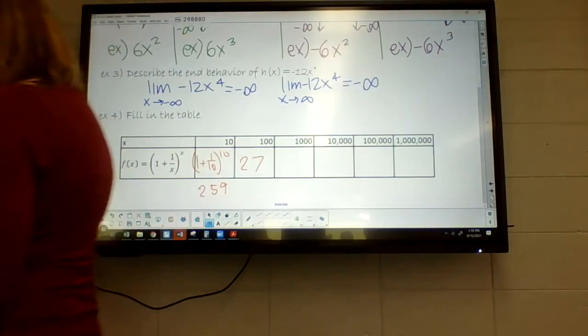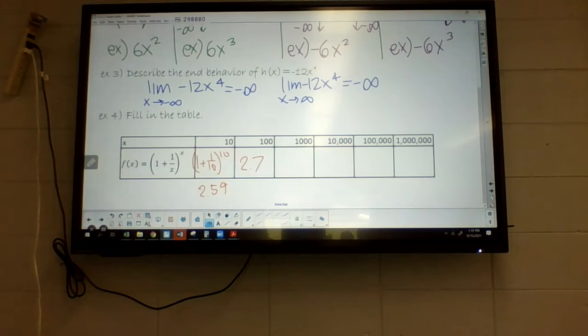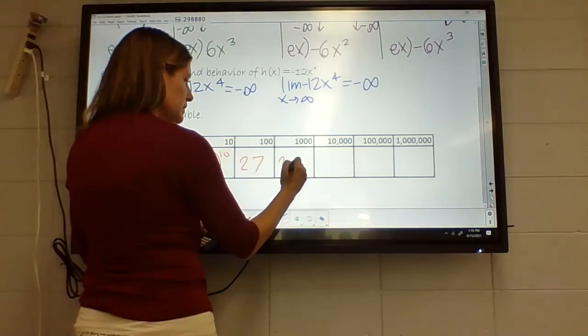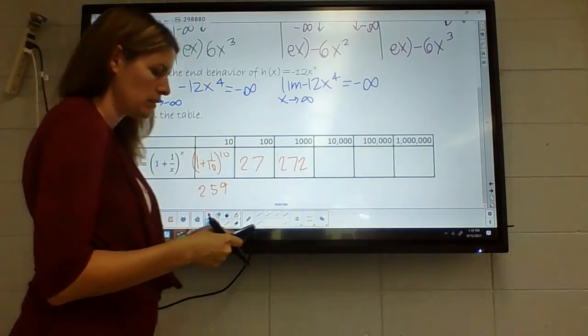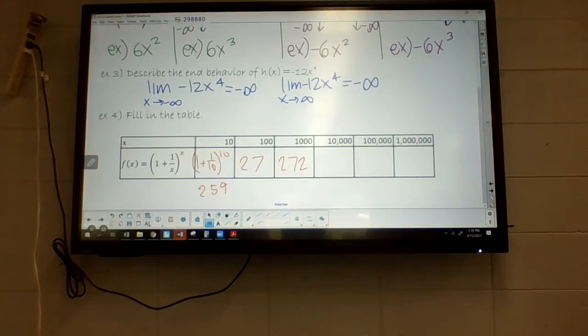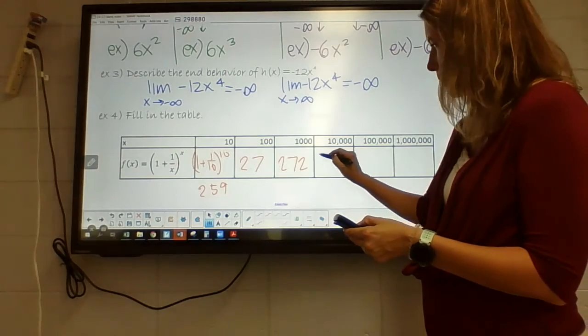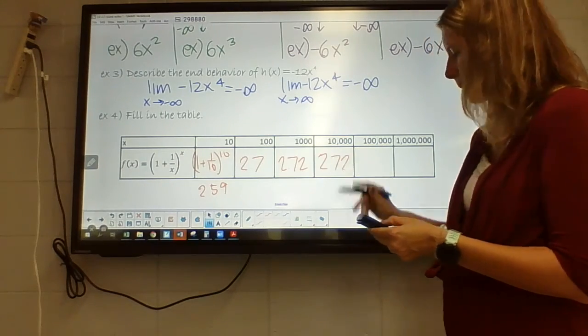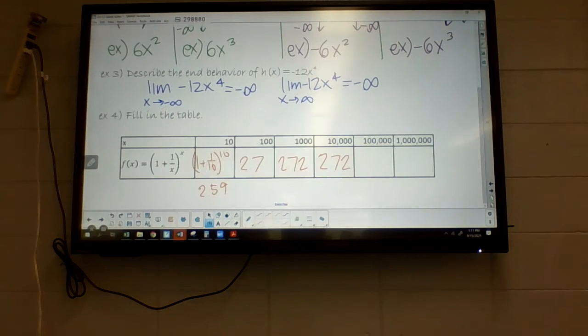I guess I got 2.72 now. Let me know if I'm doing something wrong, if you guys aren't getting the same thing. I got 2.72 again.